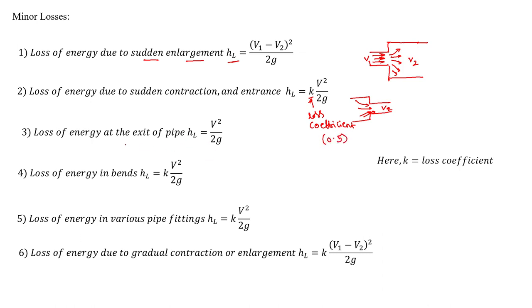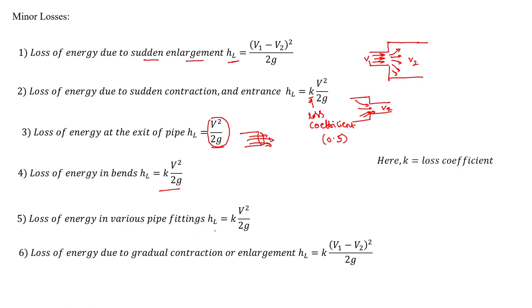And loss of energy at the exit of the pipe. At this particular location, if we compute the total energy, there will be a sudden drop, which is equal to v square by 2g. Similarly, loss of energy in bends, HL, is equal to k into v square by 2g.